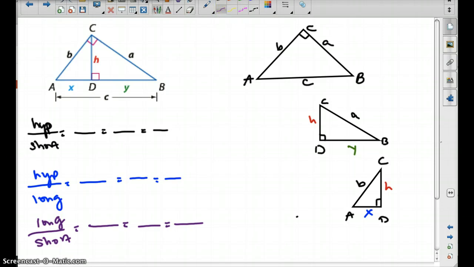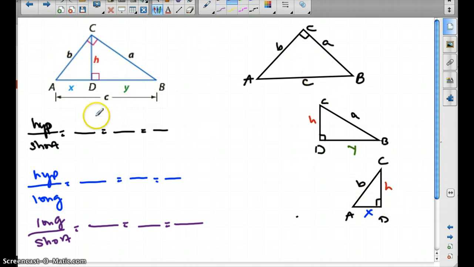So what I'm going to do is set up three proportions, and three ratios in each proportion. So I'm going to set up the hypotenuse to the short side. And I separated each of these triangles out because it's kind of hard to see them all as one.